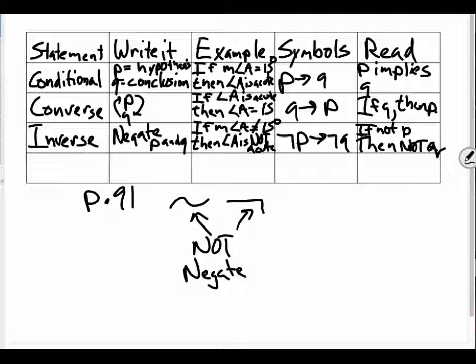And then the last one is what we call the contrapositive. Now that one's a combo of the converse and the inverse.